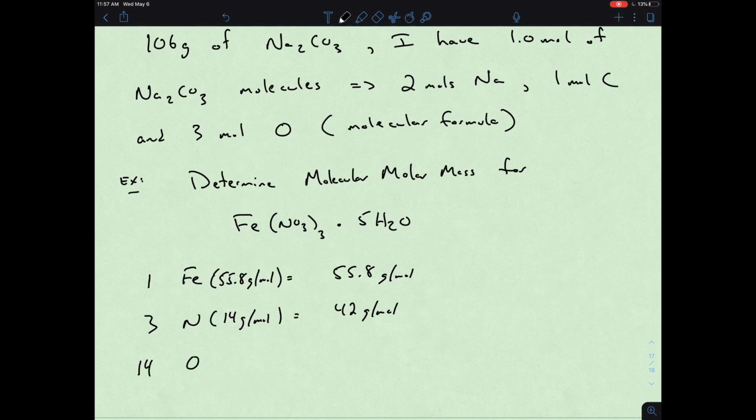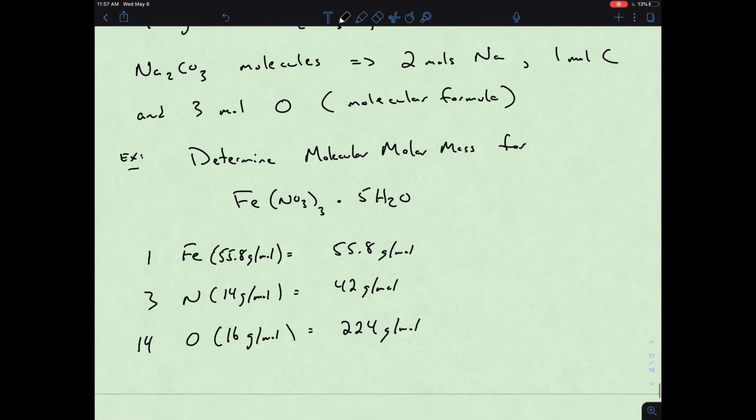I have 14 oxygens. We have 3 from the NO3, but then there's 3 of those NO3s, so that's 9. And then we have 5 oxygens from the H2O hydrate portion of the molecule, so that's where the 14 comes from. So that's 224.